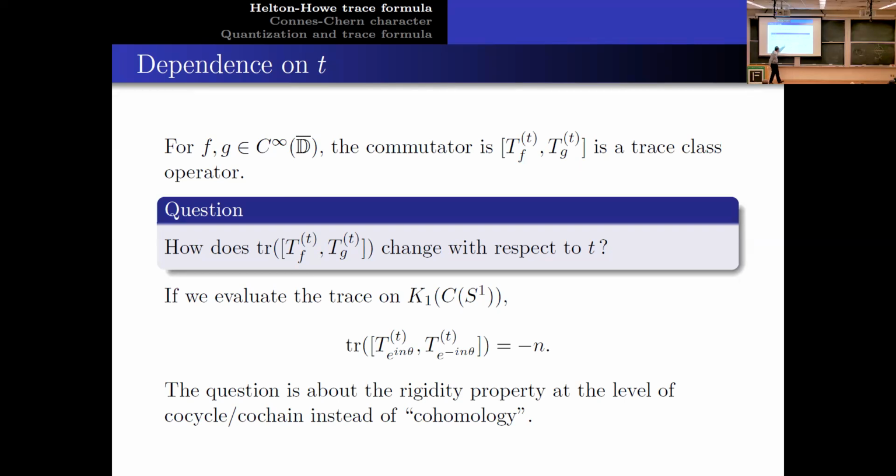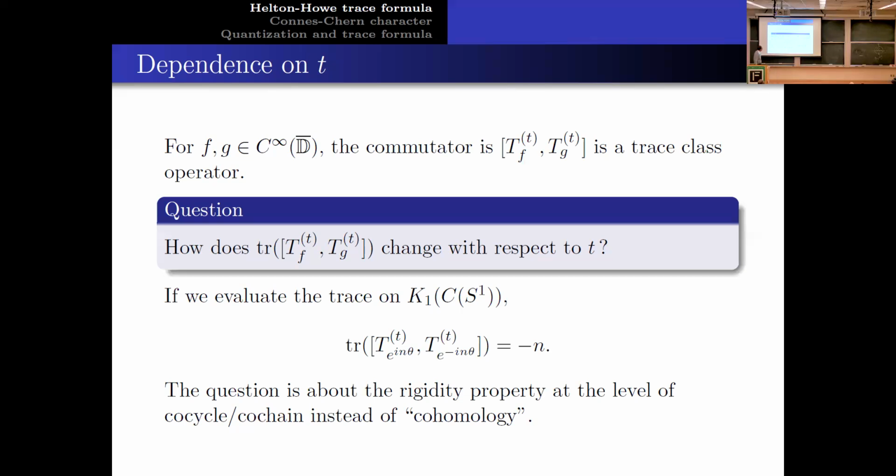So our question here is not just about the pairing of the trace, or the secondary cocycle, with the K-homology class. We're trying to ask what happens at the Connes-Chern level. Does it change, or what information do we get if it changes?